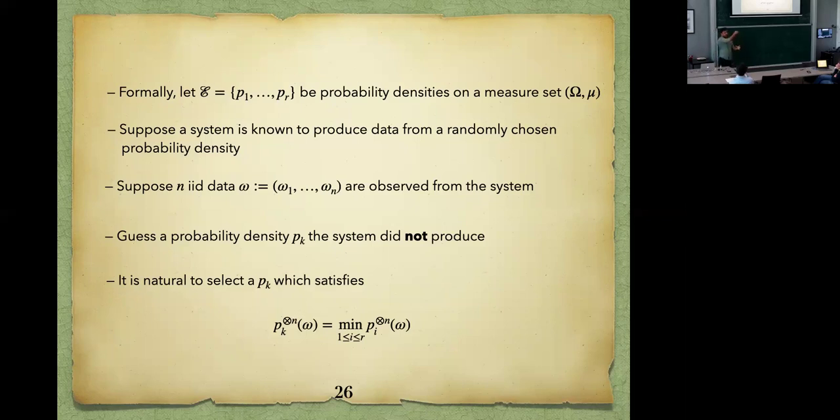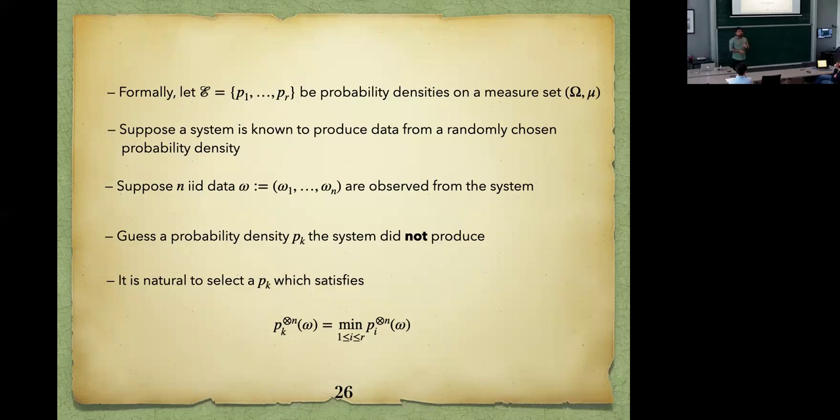It is known that the black box can sample data from the sample space, and whatever data you sample follows one distribution, which is randomly chosen from the given ensemble. Based on the sampled data you receive, you have to guess a density that the black box did not produce.